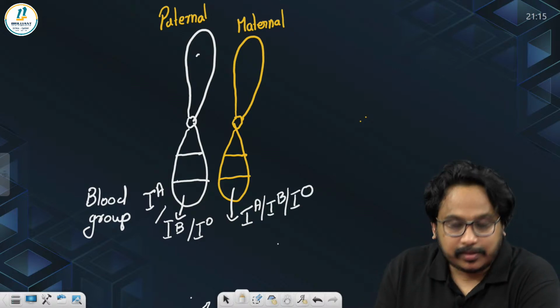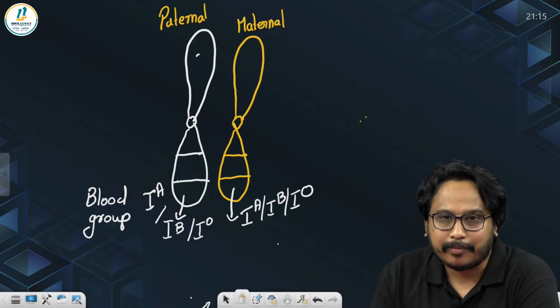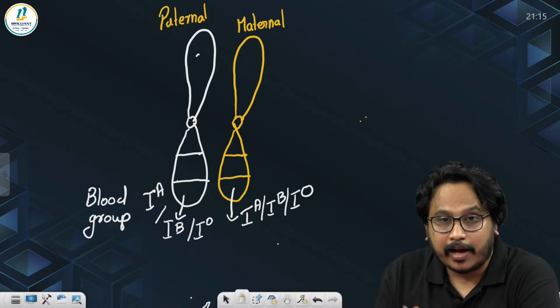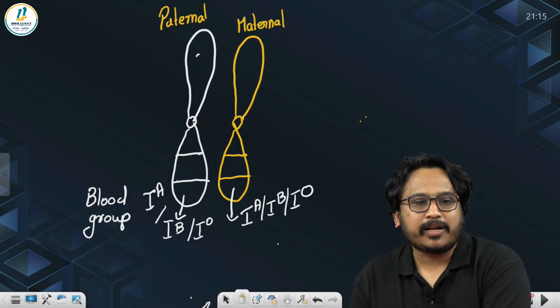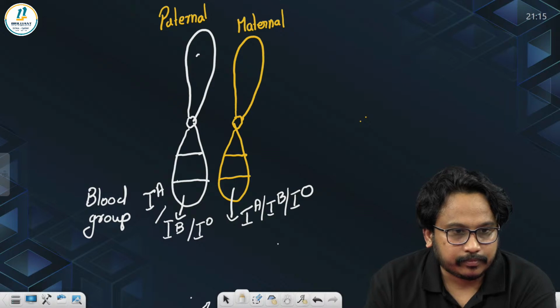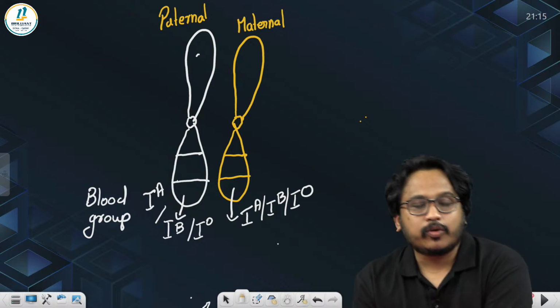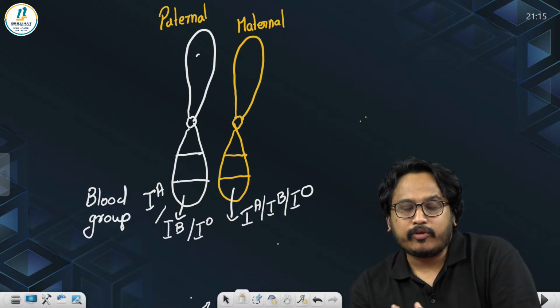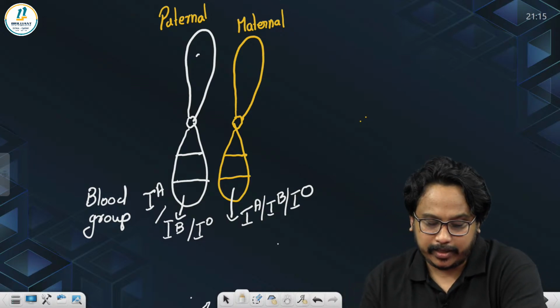From these three, any one only will be coming at this location. Suppose it is IA from father, IA from mother, it is A group. So hope you can understand what is meant by multiple allelism. You should understand, at a locus if more than two forms of a gene are coming, that is called multiple allelism.